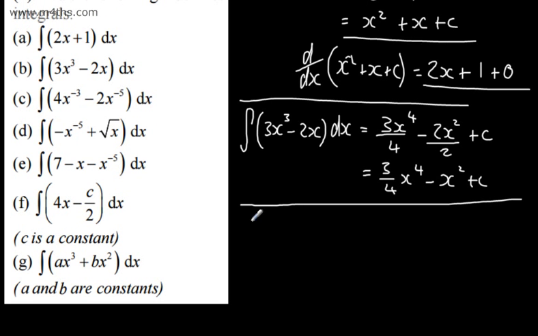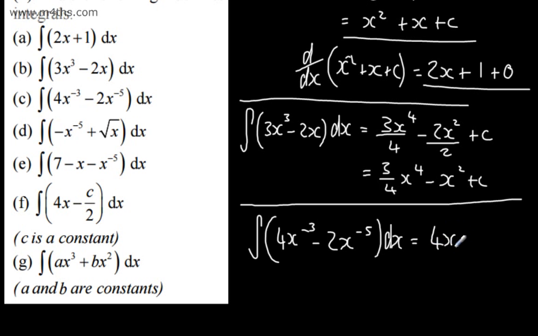So let's now look at the next one. We've got the integral of 4x to the power of -3 minus 2x to the power of -5, and we're integrating with respect to x. So we get 4x to the power of -2, raising by a power, divided by the new power.